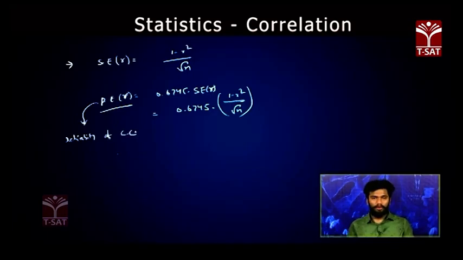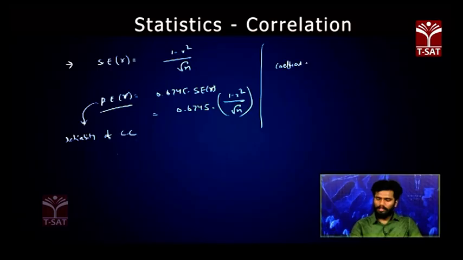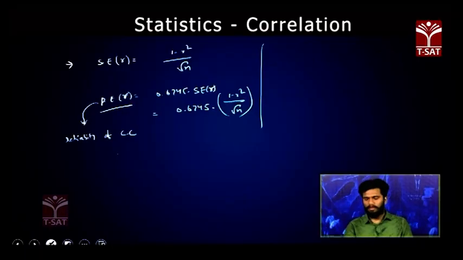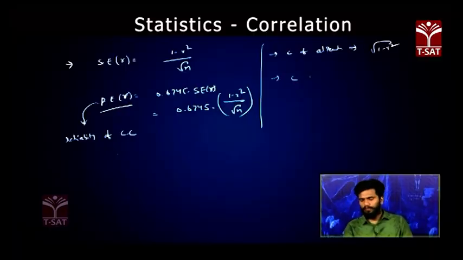of correlation coefficients. So apart from the standard error and the probable error, we have to see the coefficient of alienation, which is given by under root 1 minus r square, and also the coefficient of determination, which is given by small r square.